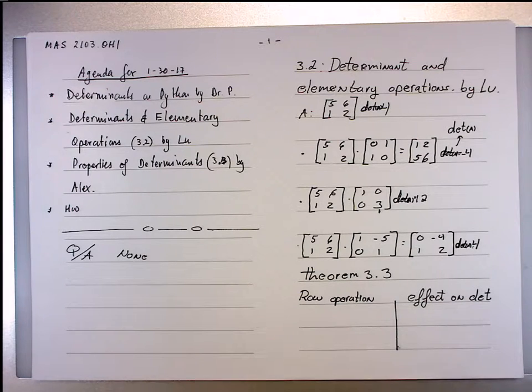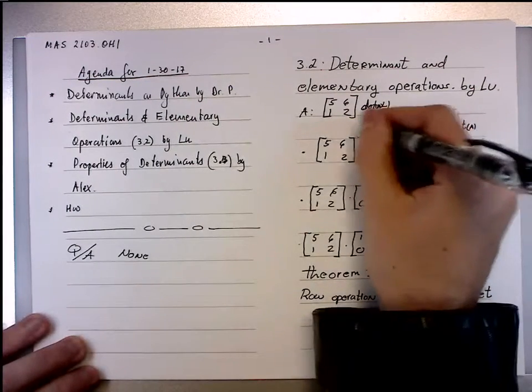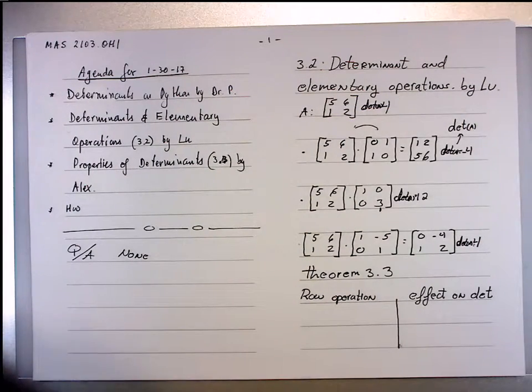Sure, that's right. That's my mistake there. These ones should be flipped. It just happened that for the determinant of matrices, the multiplication is commutative, so you have the same result. It has to be the other way around.